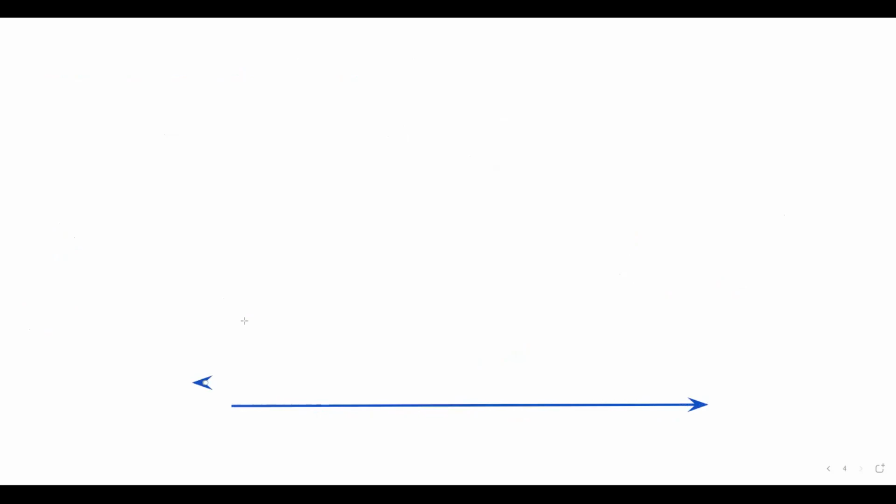So we have time and the temperature. Temperature is on the y-axis and time is on the x-axis. So we have the solution of copper sulfate first.